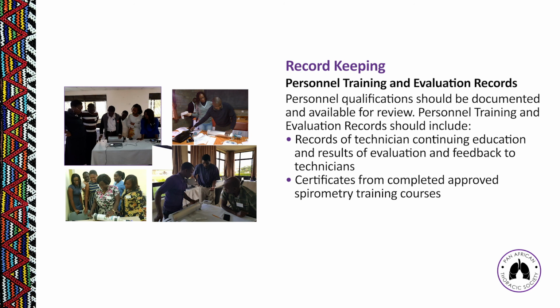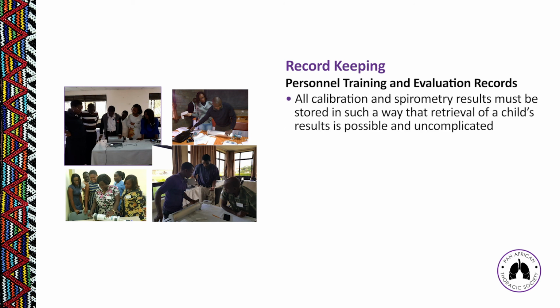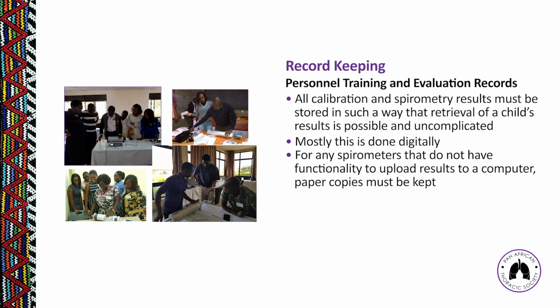Lastly, in terms of record keeping, the third aspect is the storage of test results. Every calibration and spirometry result must be stored in such a way that retrieval of a child's results is possible and uncomplicated. Mostly this is done digitally. For any spirometers that do not have functionality to upload the results to a computer, paper copies must be kept.